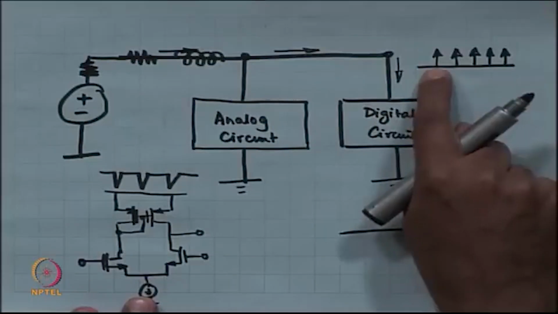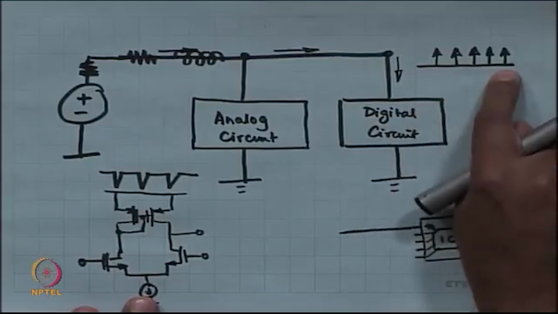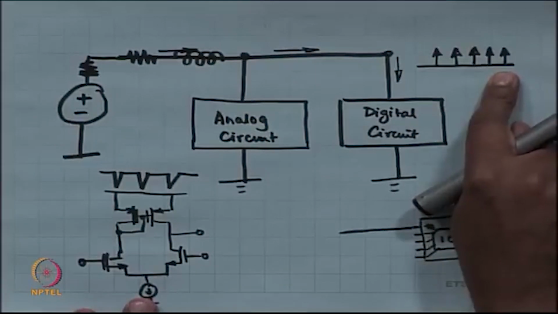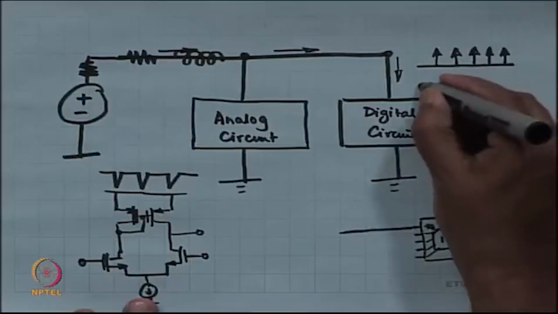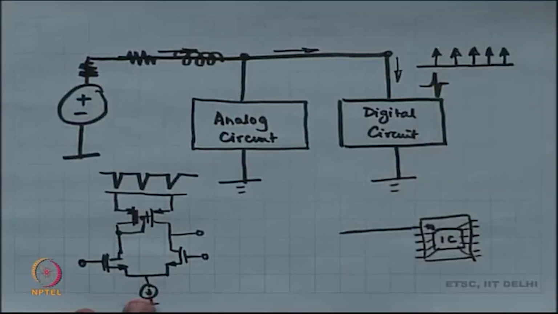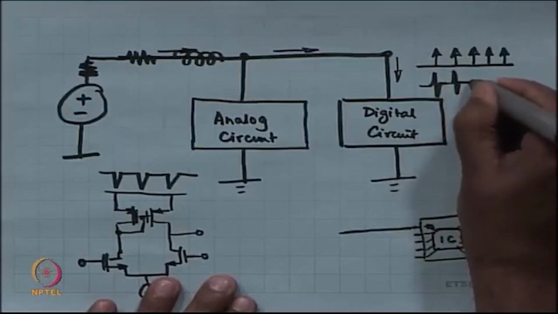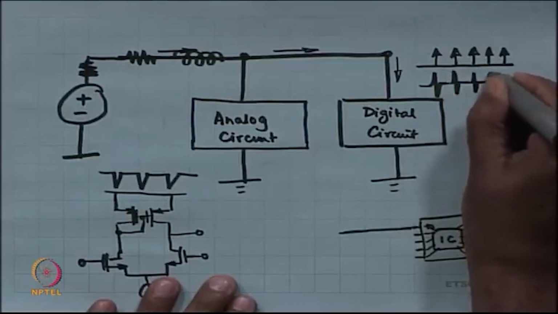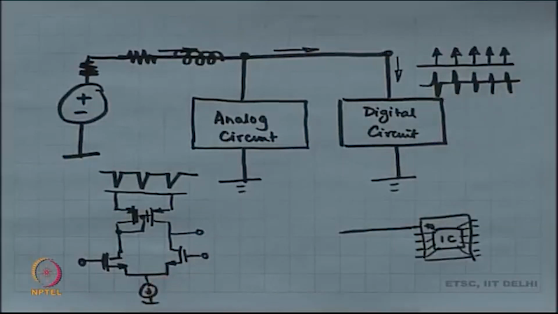Imagine this is already impulsive, full of impulses. Di by dt is going to look crazy. Okay. Di by dt is going to look like this. Right, it is going to look horrible.